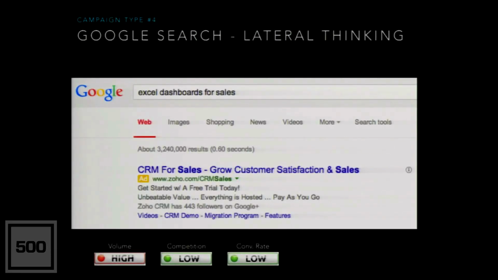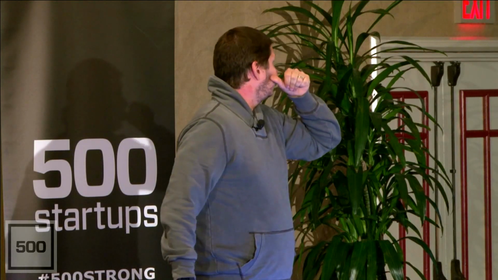And here's the campaign that I think will get you the most traffic, and a lot of people don't think about it, which is Google search for lateral thinking. Suppose you are in the CRM market, and it's very expensive because a click costs $50. What do you do? You create a campaign asking, who am I selling to? Probably a sales manager, VP of sales.